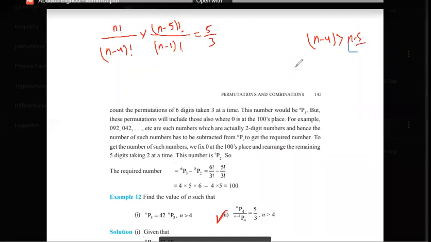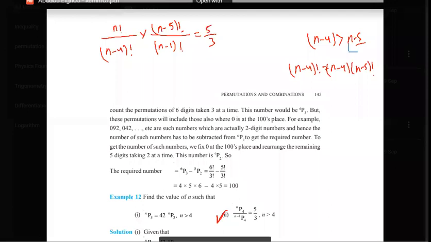So (n minus 4) factorial can be written as (n minus 4) into (n minus 5) factorial. Nitin, n minus 1 minus 4 is equal to how much? n minus 5, right?